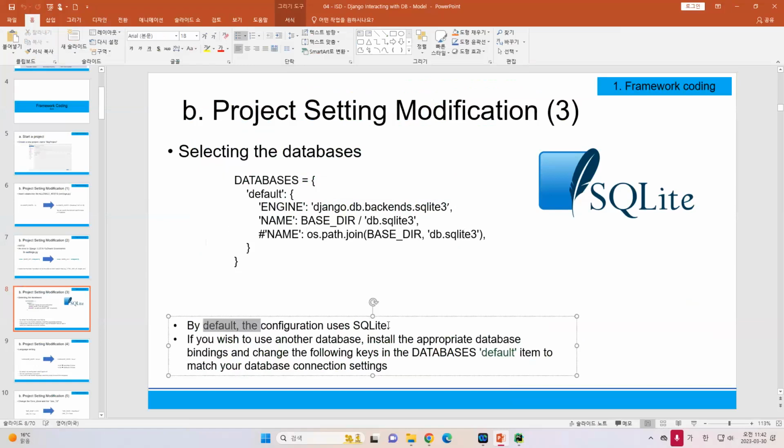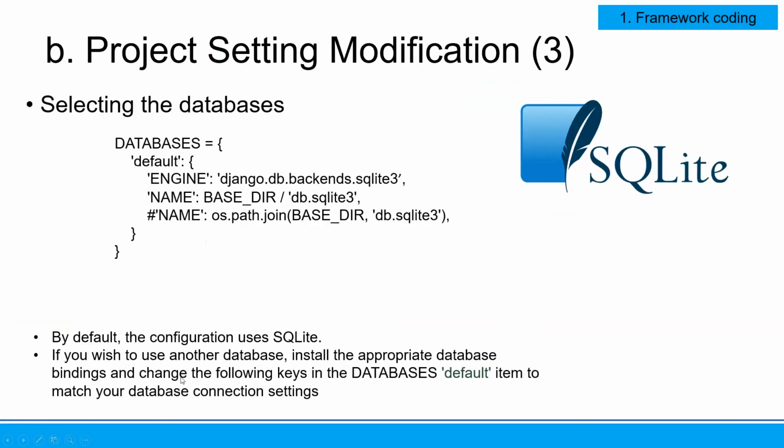So by default, the configuration uses SQLite. If you wish to use another database, you need to install the appropriate database bindings and change the following keys in the database default item to match your database connection. I hope that by now you understand Python.